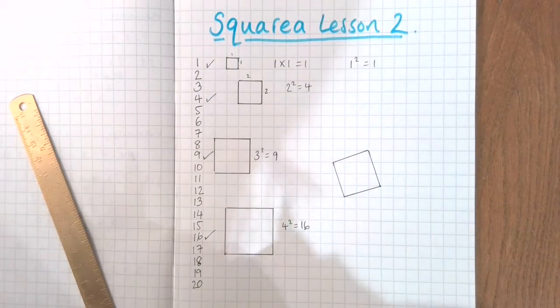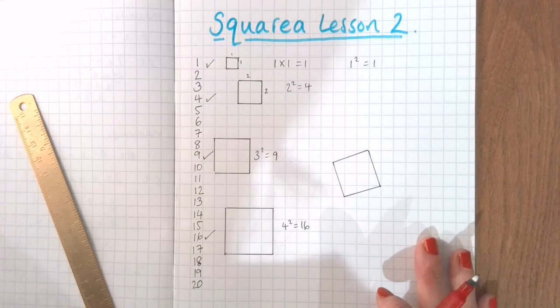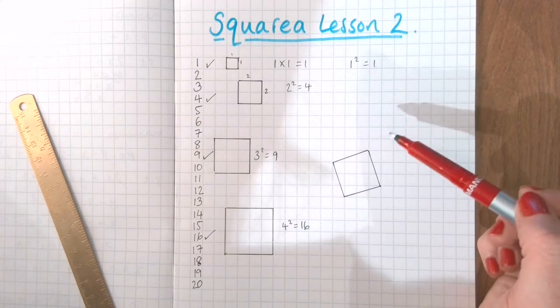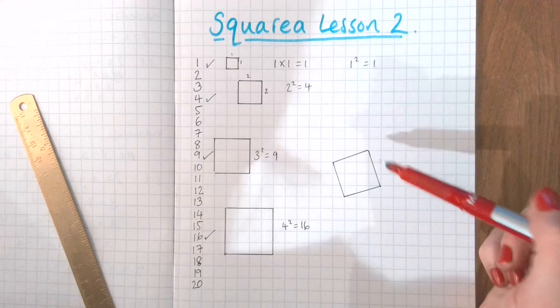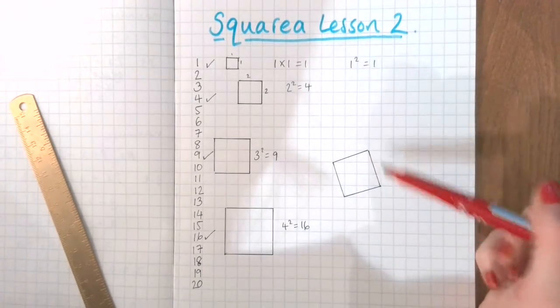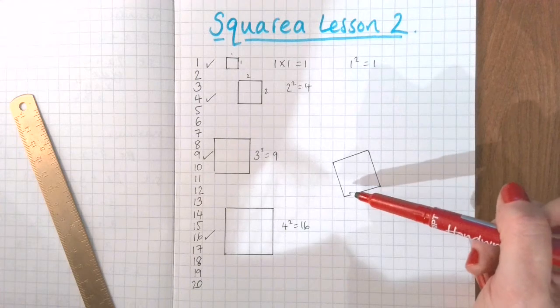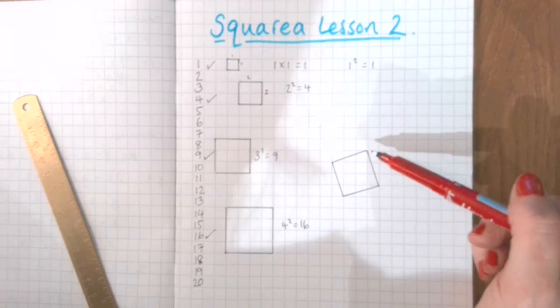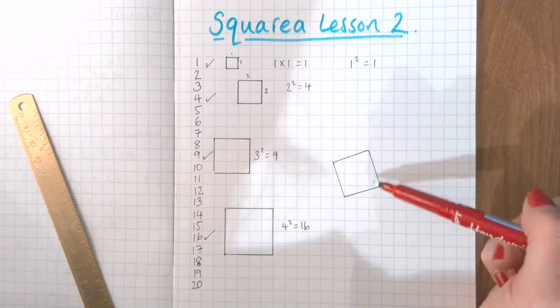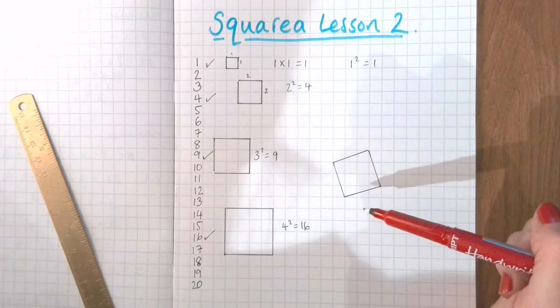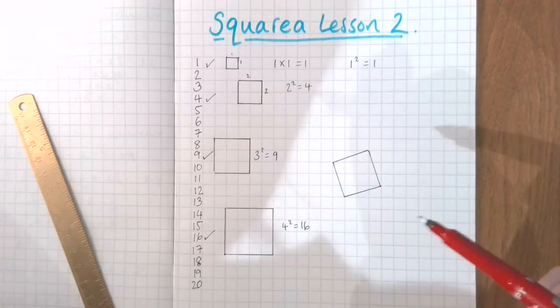Hopefully you agree that that's a square. As we said last time, the criteria for it being a square is that it has to have 4 right angles. This has 4 right angles, and all 4 sides are the same length. So great, we've got ourselves a square.